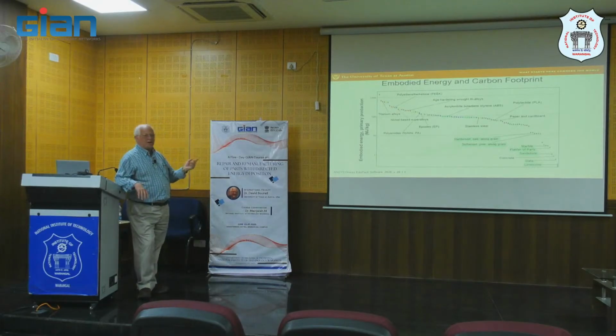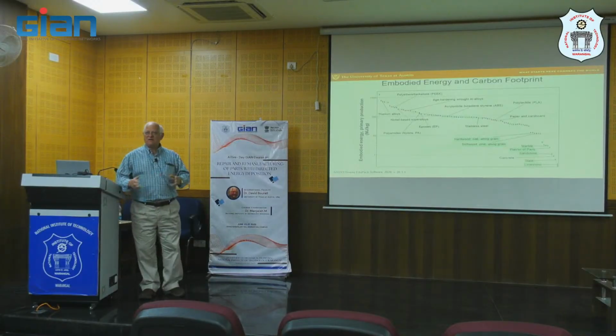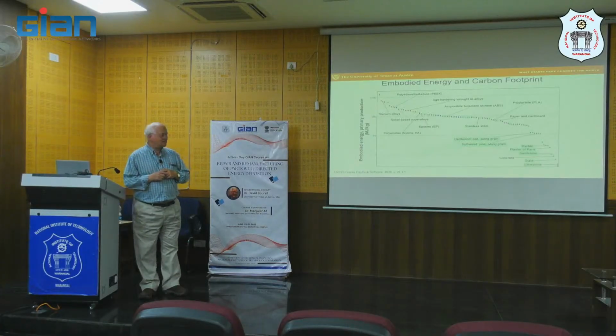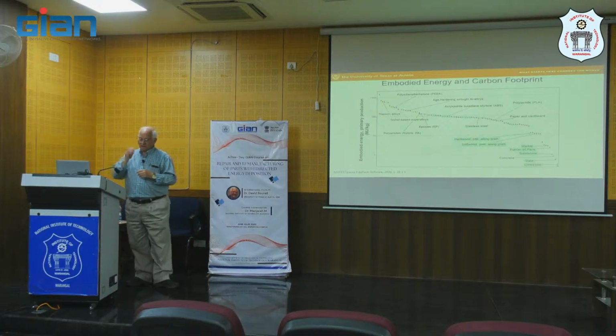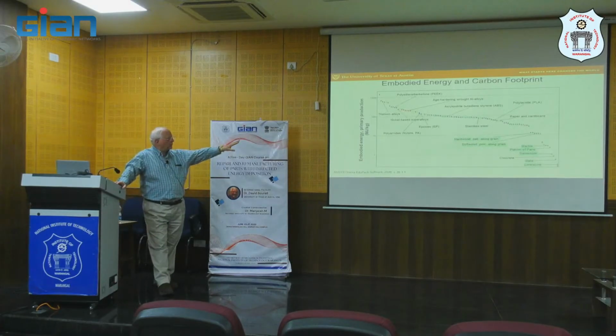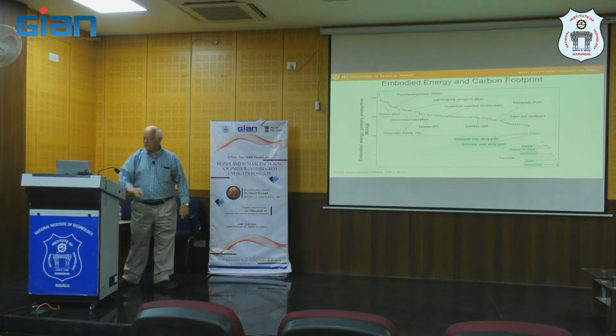Stone comes down to a fraction of a megajoule per kilogram to produce, because I guess it can simply be crushed and pulverized, and you're in business. So the materials that we would look at for low embodied energy feedstocks would be these ones that are in green.